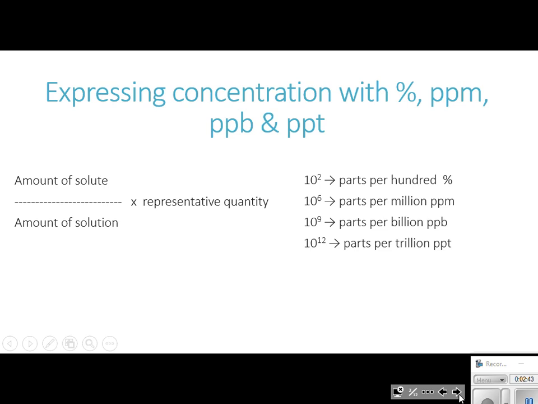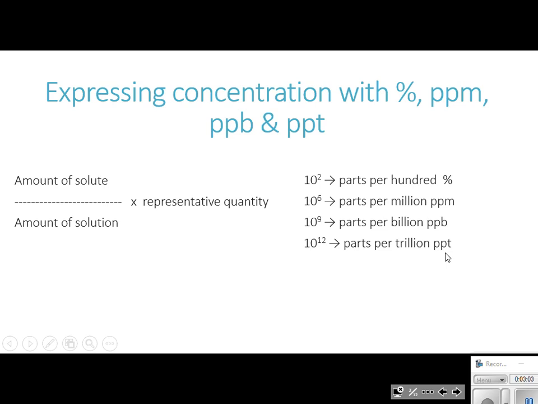And 10 to the 12th would be parts per trillion. Now, if you see right here, here is how we label them: ppm for parts per million, ppb for parts per billion, ppt for parts per trillion.